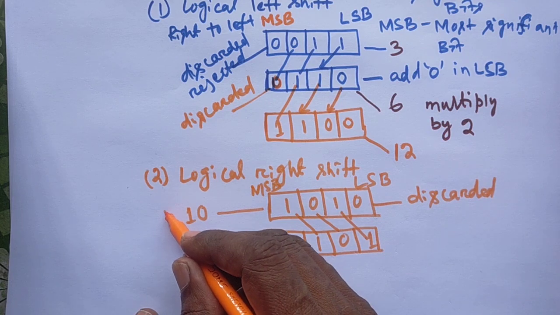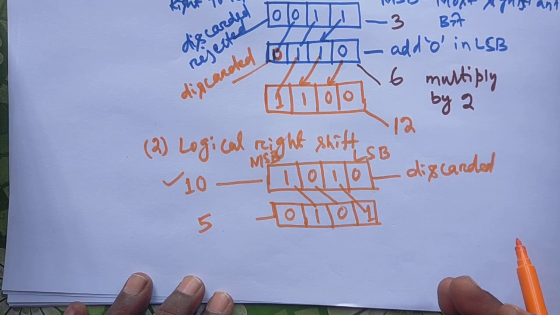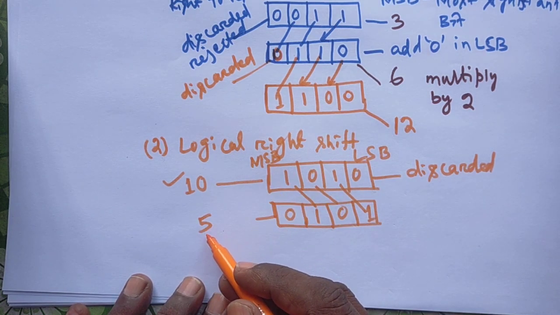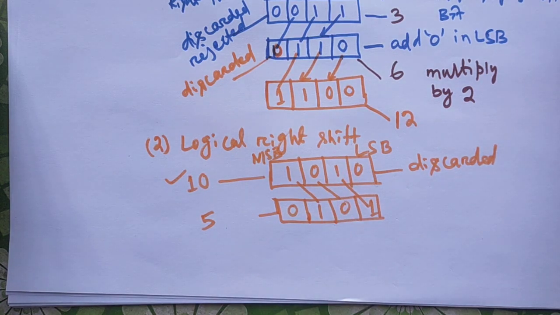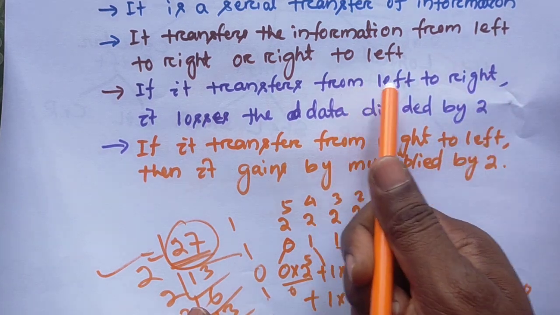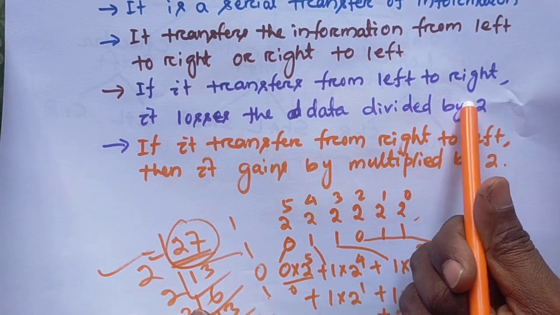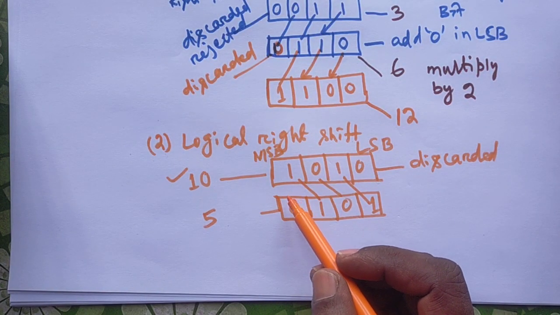That means initially you take 10, and whenever you shift towards the right, it is divided by 2, that is 5. I already told you, if the shift operation is from left to right, it loses some data and is divided by 2.